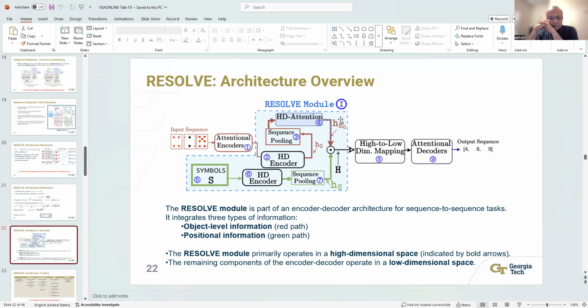This encoded set of hypervectors is bound with the positional or symbolic hypervectors, and the final output is mapped back to low-dimensional space and then forwarded to the attention-based decoder to get the final output. The attention-based decoder is composed of a set of self-attention mechanisms and cross-attention mechanisms.